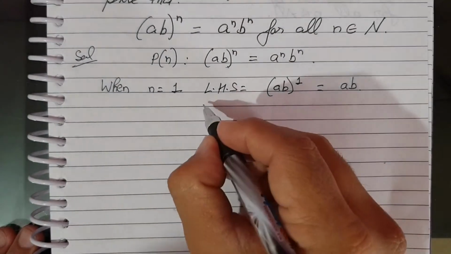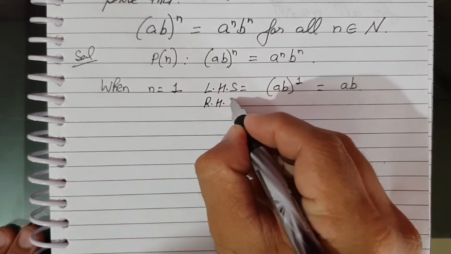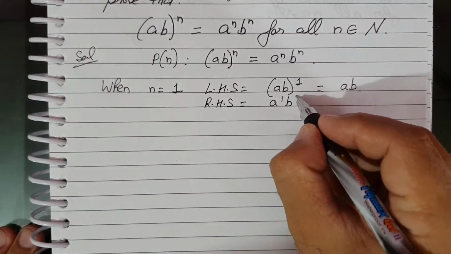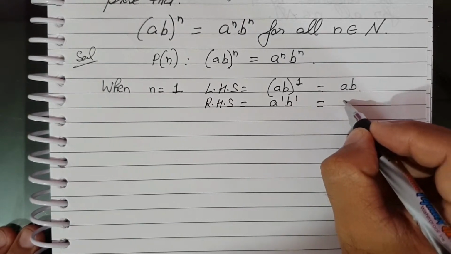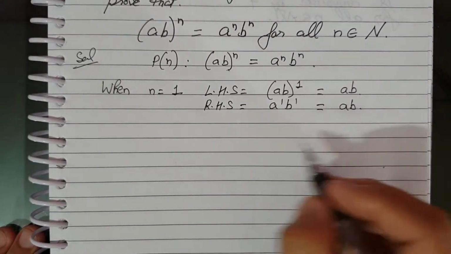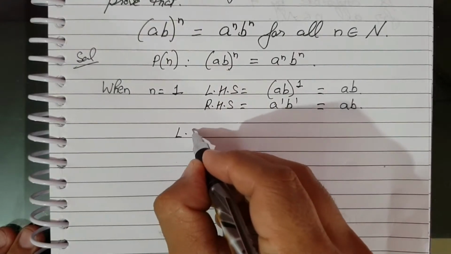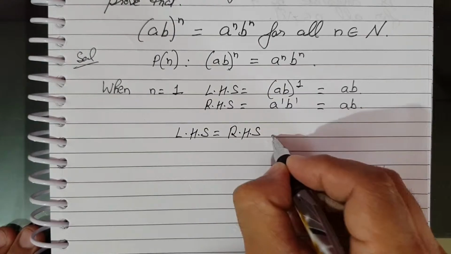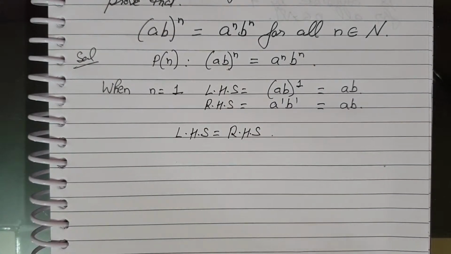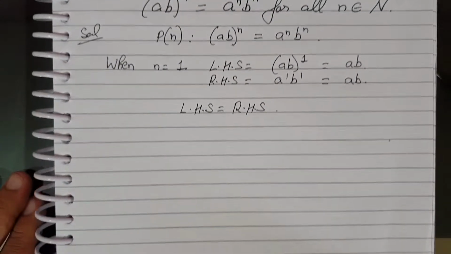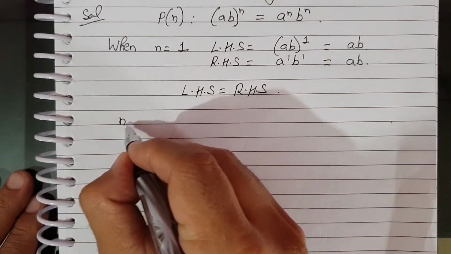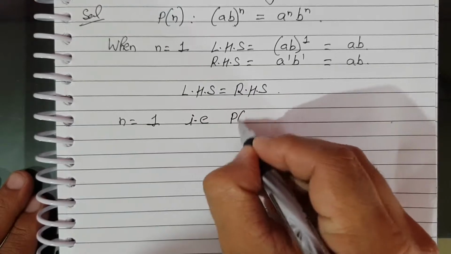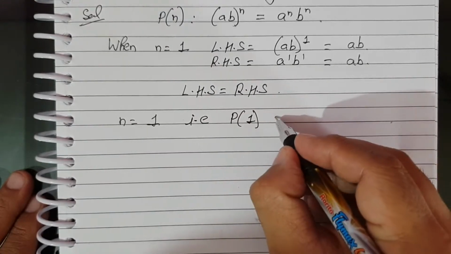And the RHS is a^1 b^1, which is again ab. So as you can see, LHS equals RHS. Thus the given statement is true for n equals 1. So this implies P(1) is true.